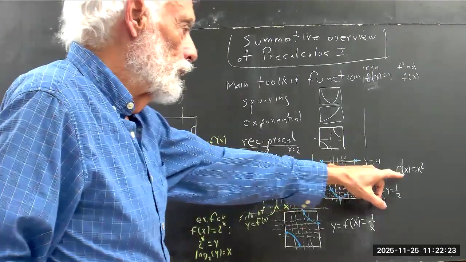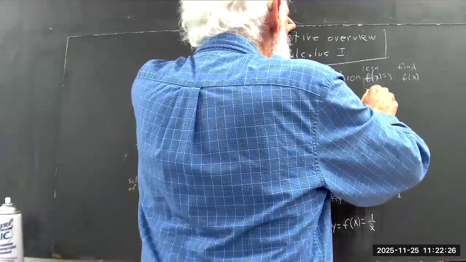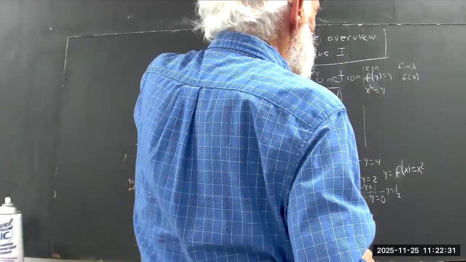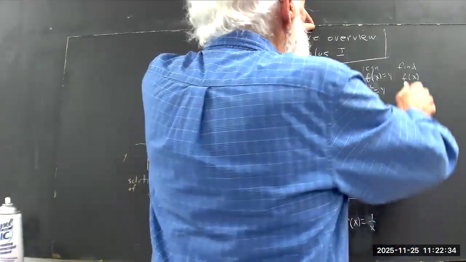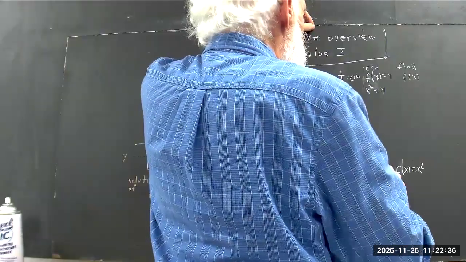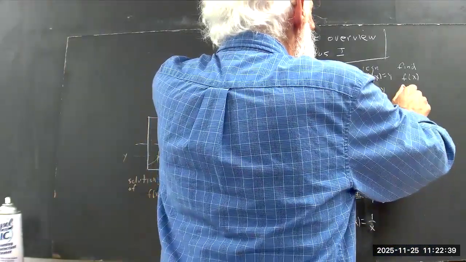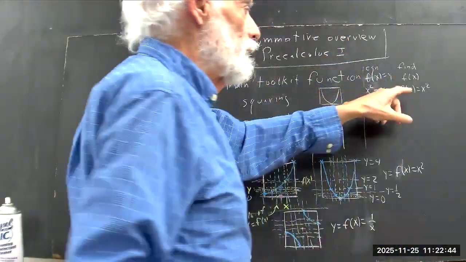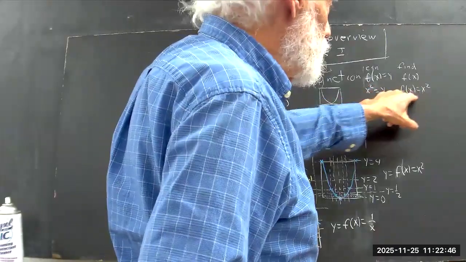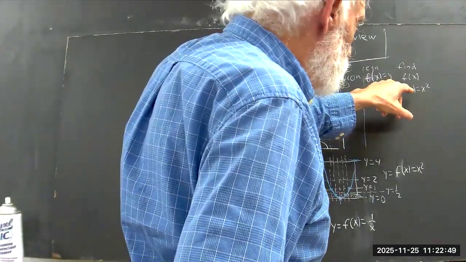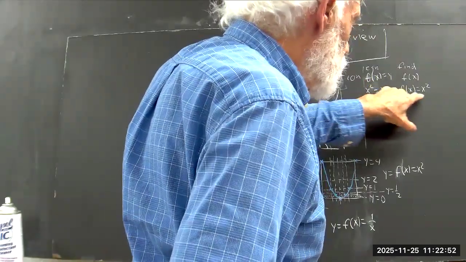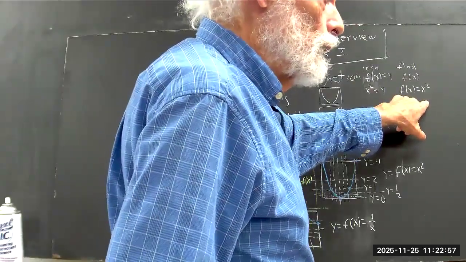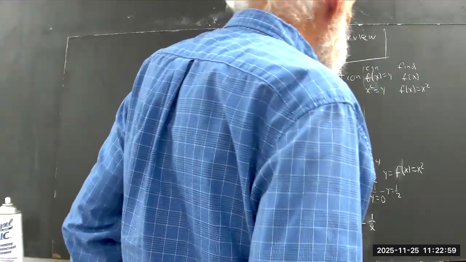Well, the squaring function f of x equals x squared. Define f of x. We just take our value of x and replace it here in the expression f of x equals x squared, the defining equation for our toolkit squaring function.